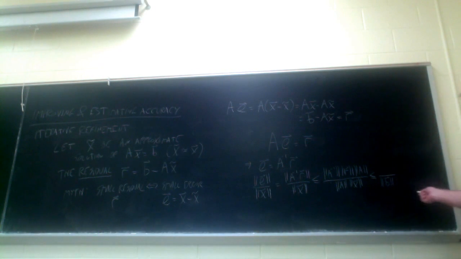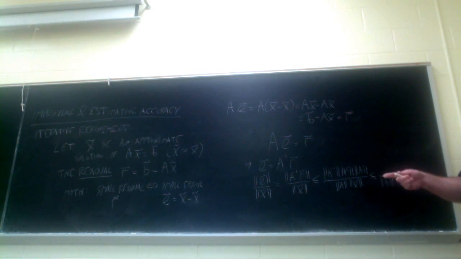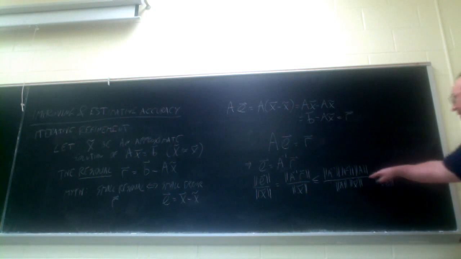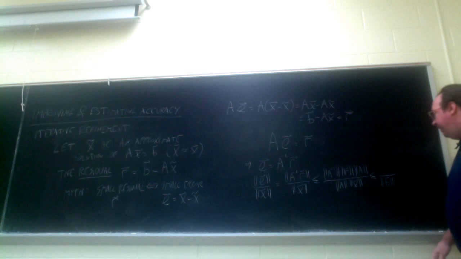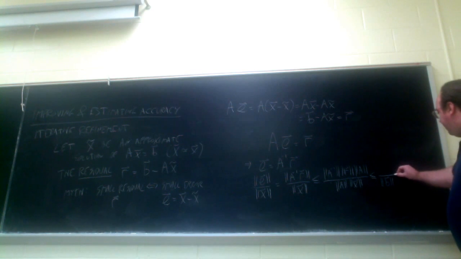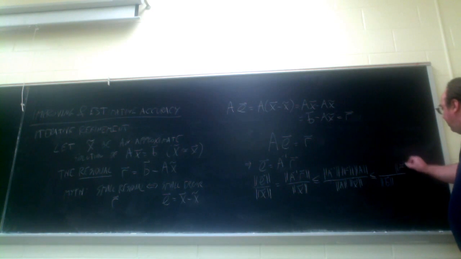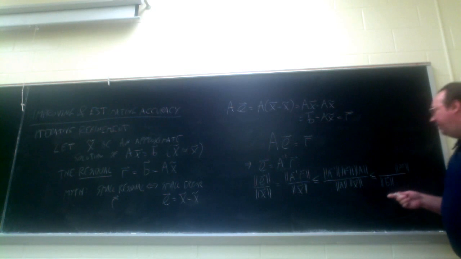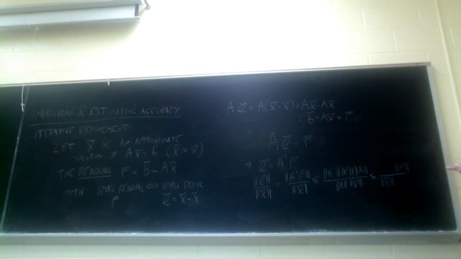Now the thing is, norm of B is less than or equal to norm of A times norm of X, but it's in a denominator, so I can go this way. And then I have up top, I still have the norm of the residual, but everything else I have, what can that be condensed into?